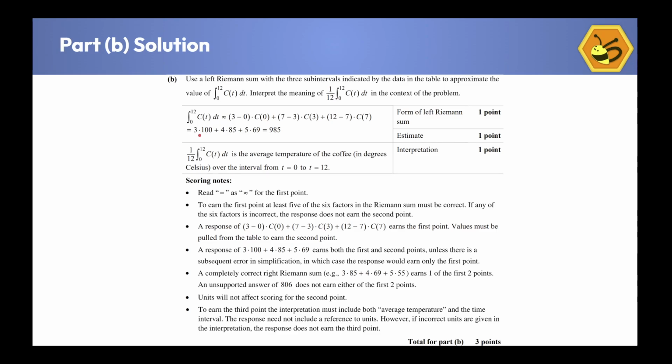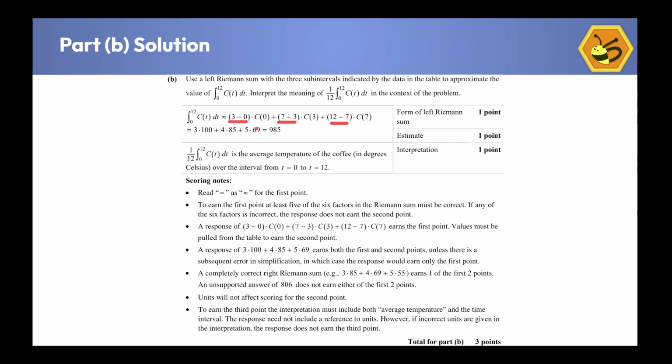So this is the official solution. The Left-Riemann sum uses the subinterval widths, which you can see here. So 3, 4, and 5 as the 3 subinterval widths. And then we pick the left endpoint.